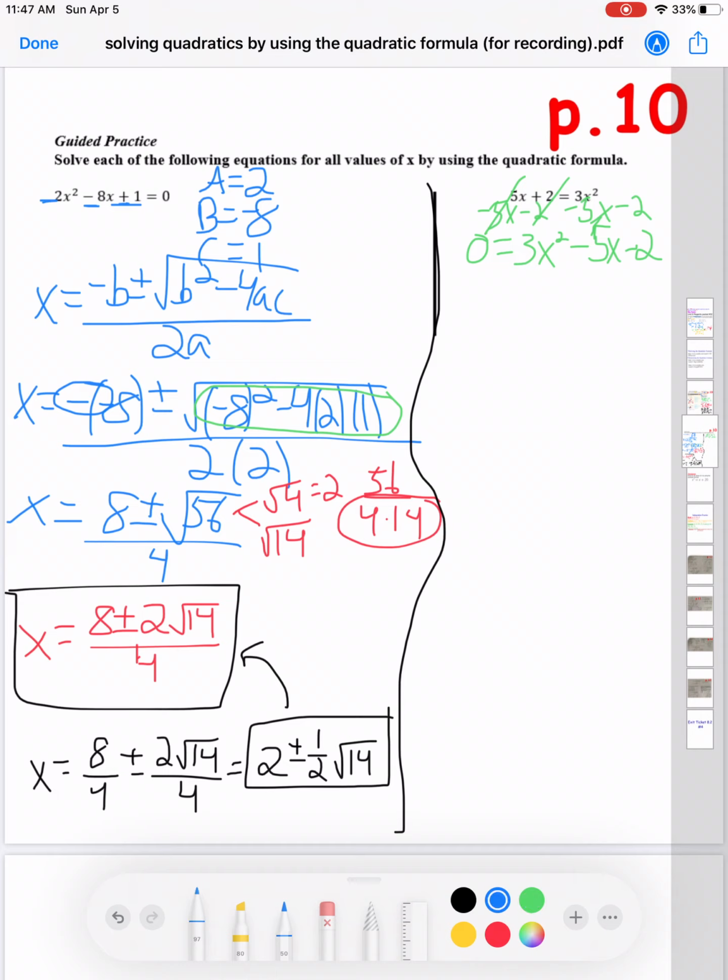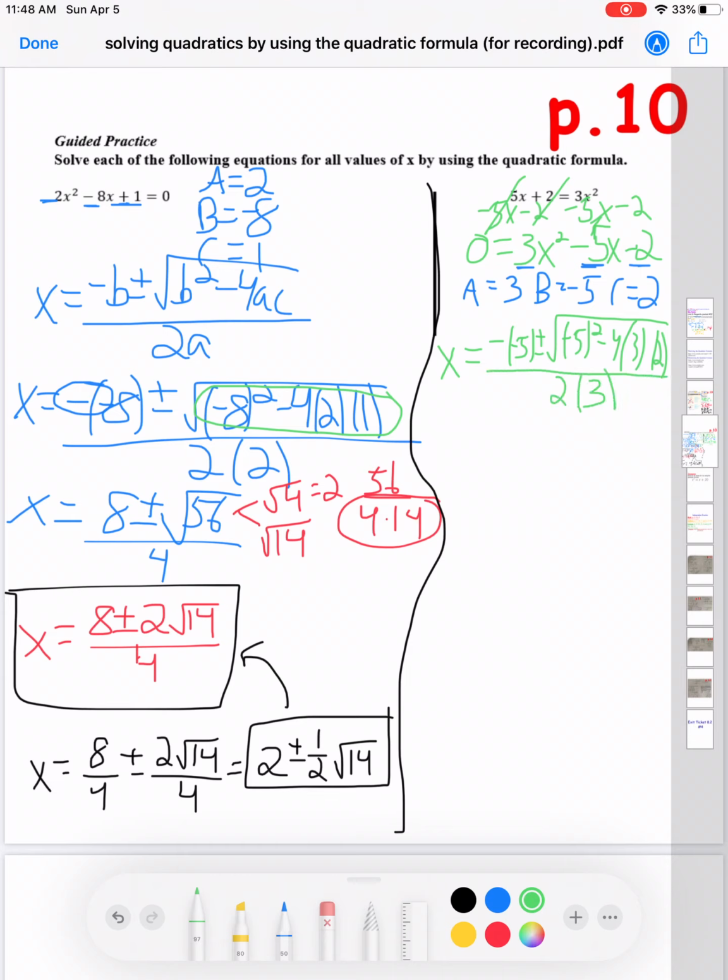At this point, I would identify my A, my B, and my C. So here I would see that A would be positive 3, B would be negative 5, and C would be negative 2. I'm going to go ahead and plug that into the quadratic formula. So x equals negative b, so that's negative 5, plus or minus square root b squared, so that's negative 5 squared, minus 4ac, so 4 times 3 times negative 2, all over 2a, so 2 times 3.